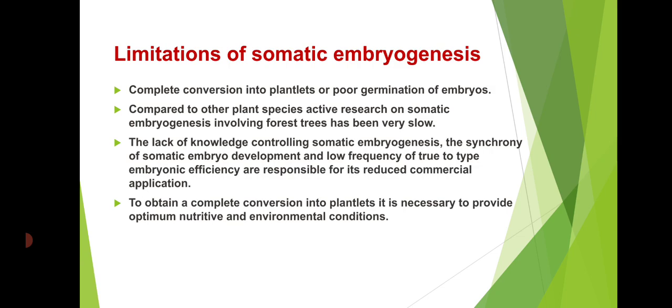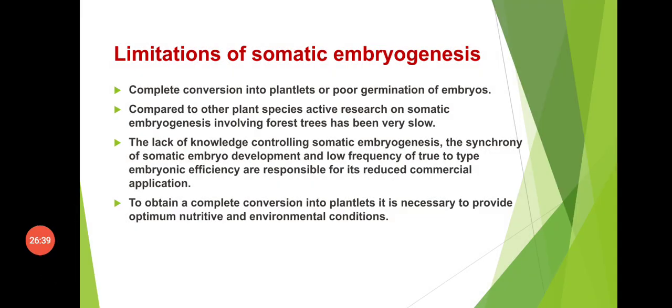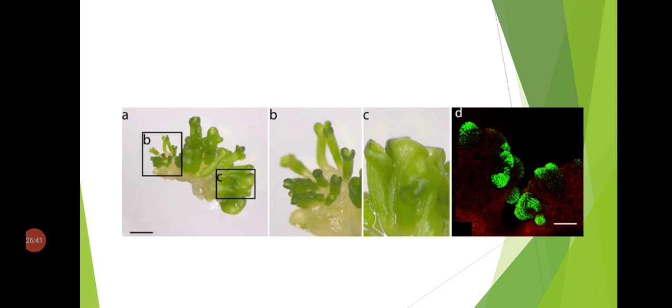So it won't be 100% success in case of commercial applications. To obtain a complete conversion into plantlets, it is necessary to provide optimal nutritive and environmental conditions. So it is also a hurdle. Those are the main limitations.